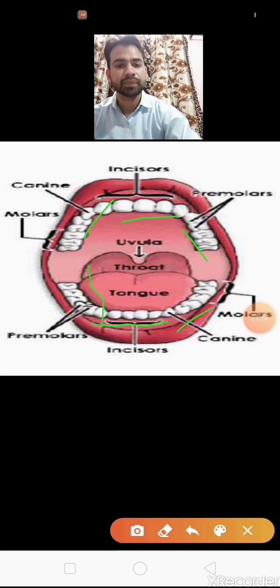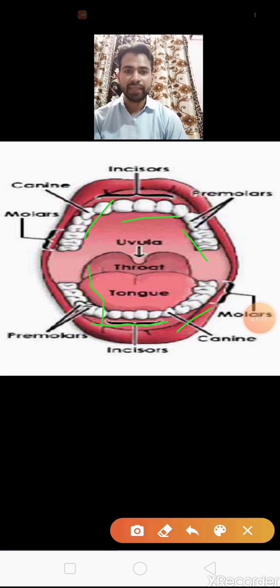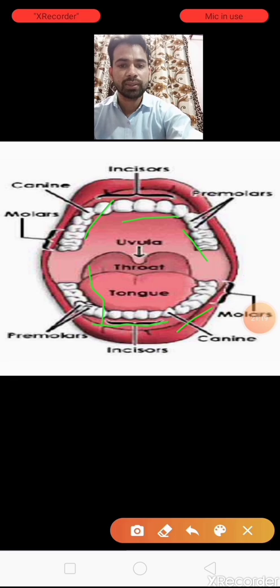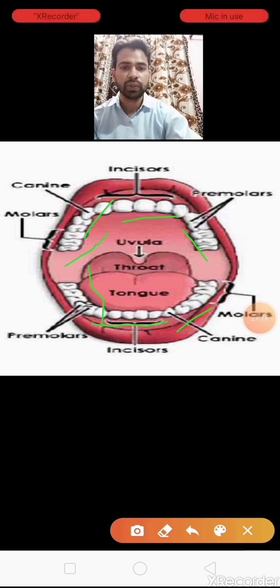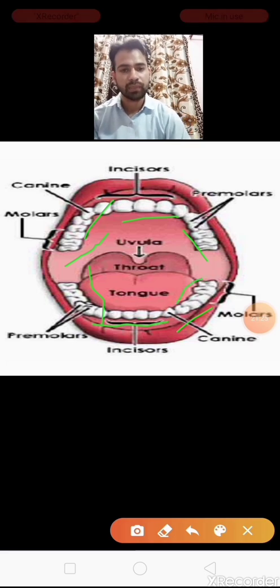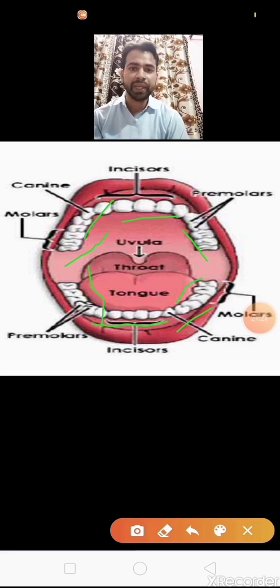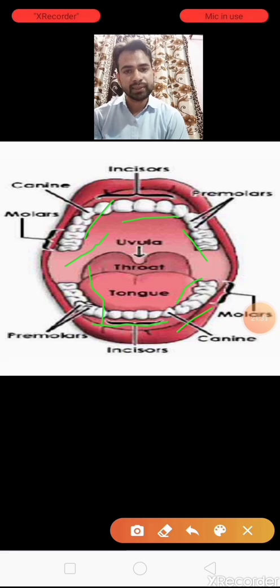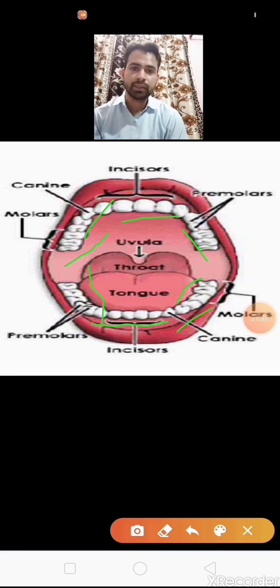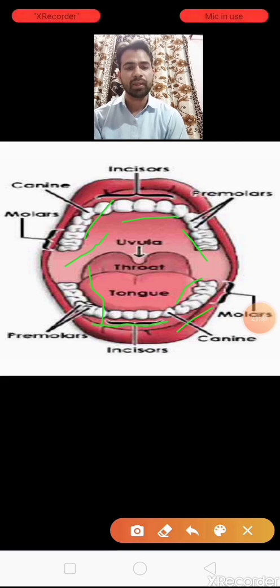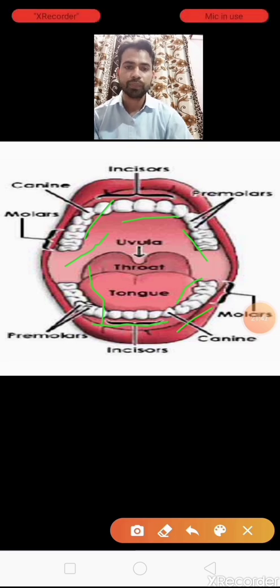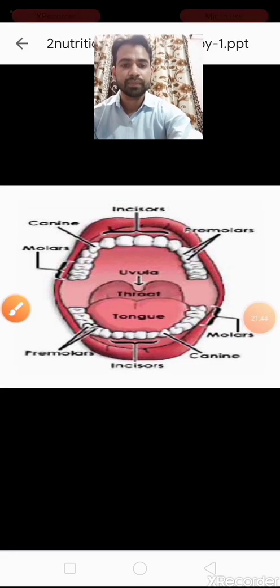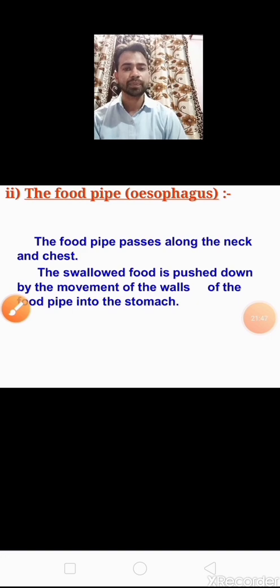Now last, number 4, that is molars. Okay, these are found at the last, molars. So 4 types of teeth are found: incisors, canines, premolars and molars, and the total number of teeth is 32.